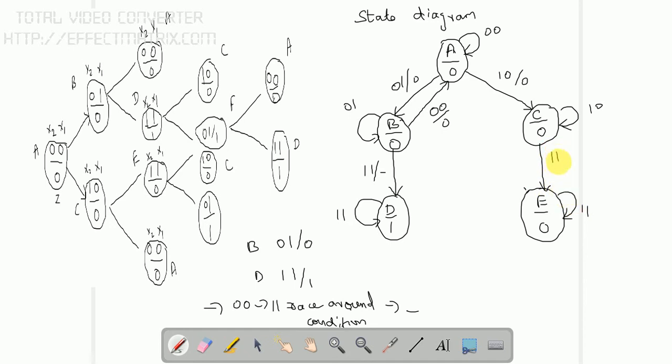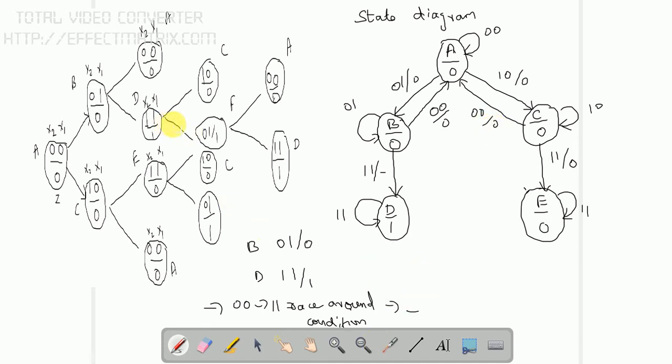It is 1 1. The output is the same, 0 here, 0 here. So only one input change alone occurs. So 1 1 slash 0. Next, C to E and C to A. So again from 1 0 to 0 0. The output is the same in A and C. So 0 0 slash 0.